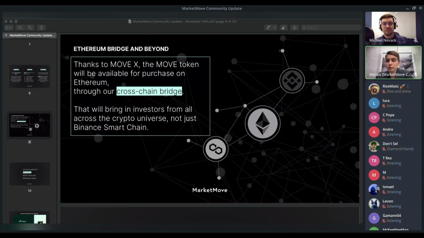So this is all going to be possible with the Movex platform that will be operating cross-chain. Our first chain that we're going to expand on is going to be Ethereum. It's the biggest Ethereum compatible chain. So that's what we are going to start with.